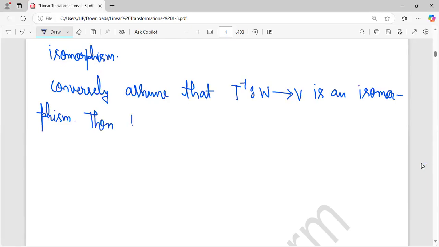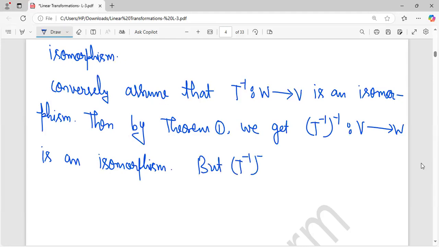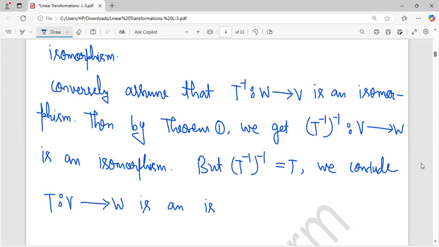Then by theorem 1 we get T inverse inverse from V to W is an isomorphism, but T inverse inverse is nothing but T. We conclude T from V to W is an isomorphism.